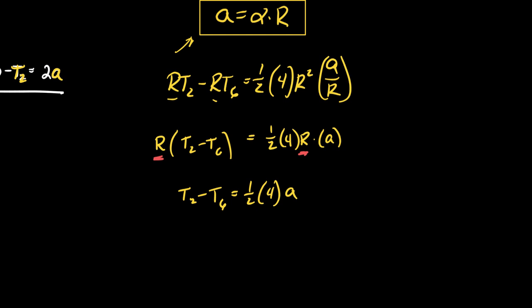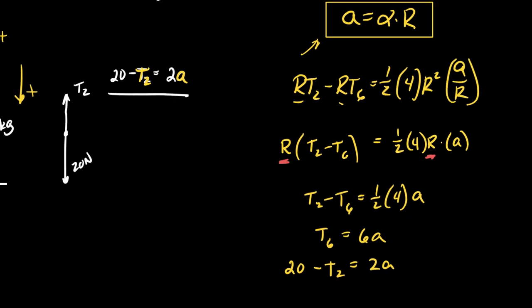They're not on the screen, but do you remember what they are? They should be in your notes. Because we've got T6 equals 6a, and we have 20 minus T2 equals 2a. Where do you have that?